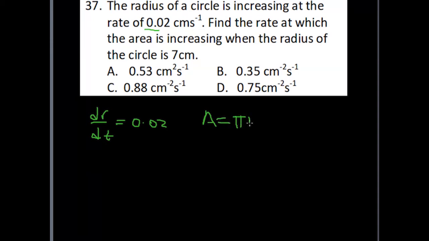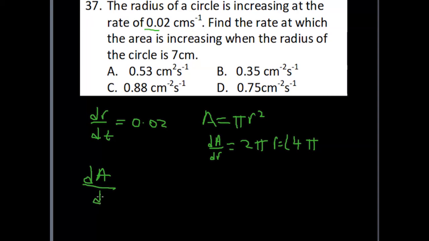The area of a circle is pi r square, so dA dr equals 2 pi r, and our r in this case is 7, which is 14 pi. So we want to find the rate at which the area is increasing.